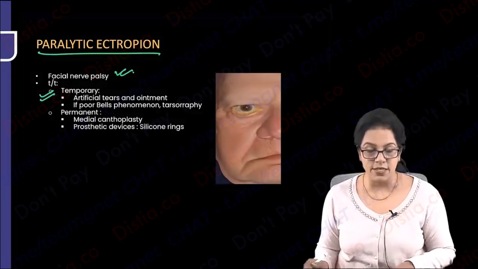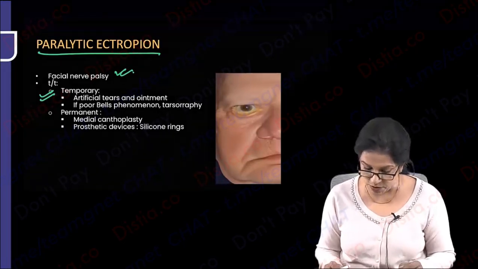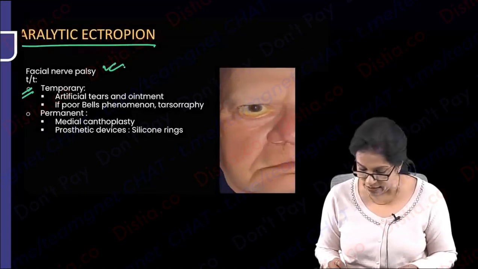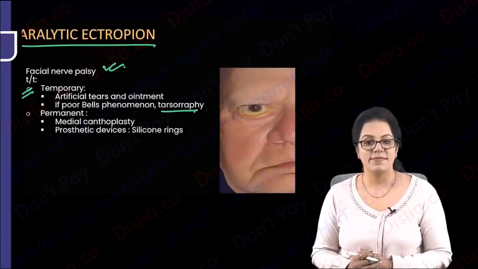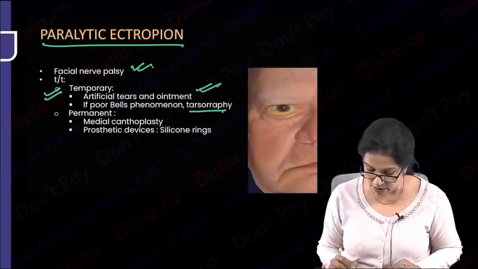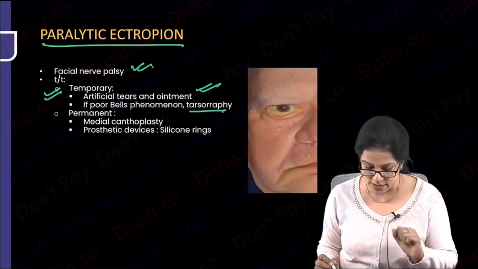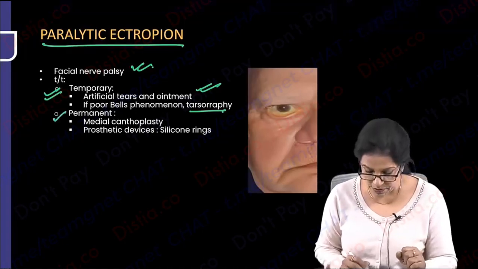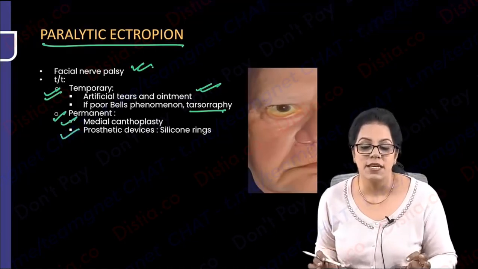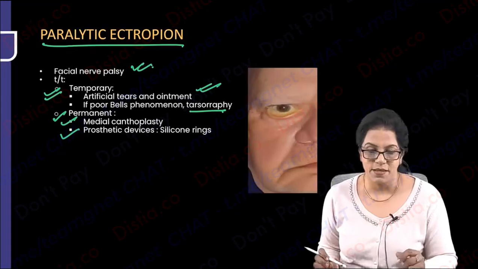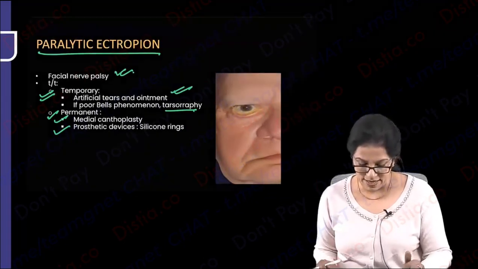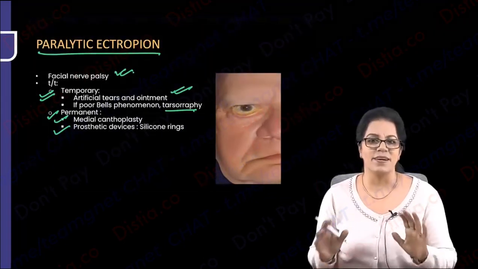So artificial tears and ointments, and along with that, tarsorrhaphy if poor Bell's phenomenon, where we are joining the two lids to close the eye. And permanent treatment can be medial canthoplasty, or sometimes we can use silicone rings.